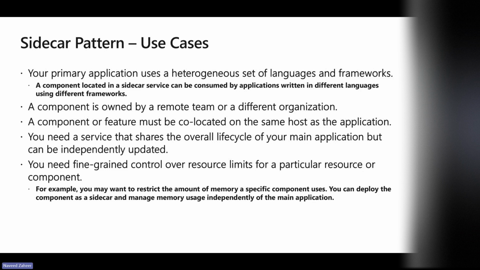So instead of having that code in the main application, you isolate it and put it in a sidecar container because it gives you the ability to update that container independently, make changes to it without making changes to the larger application. And at the same time, you can keep it still attached to the application through the sidecar container. Got it? Any questions?